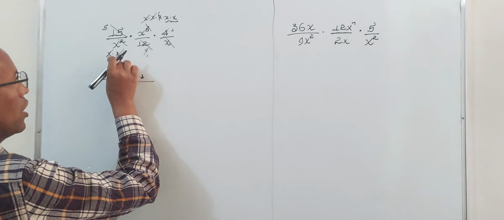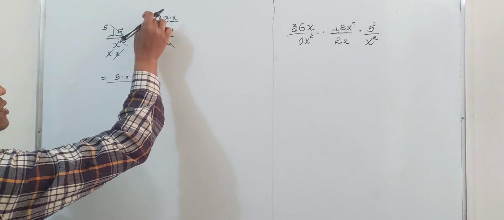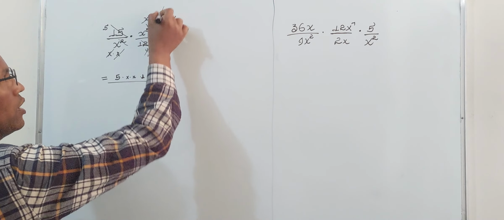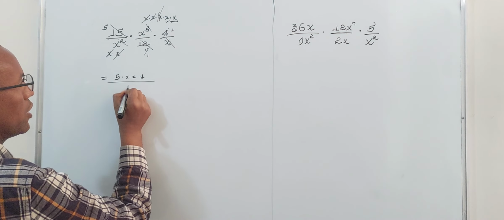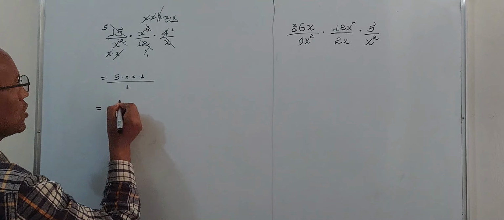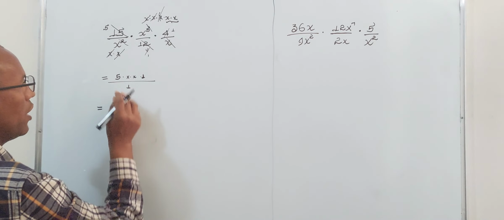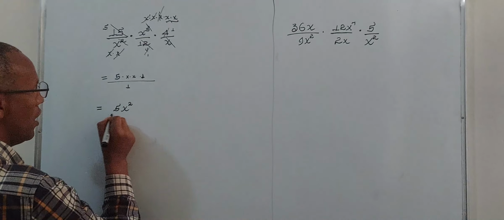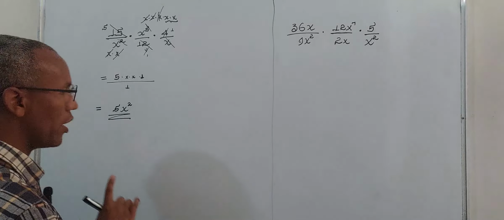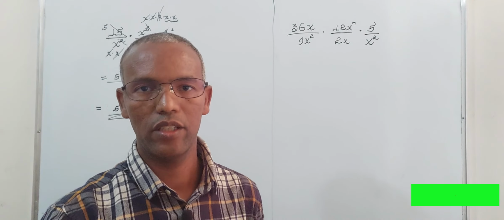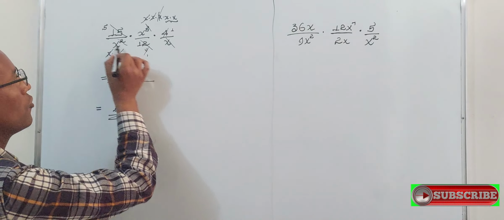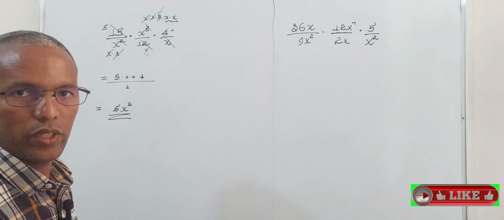Because we did cancel this guy with this 2x as well as 1x with this x, okay? Now we have 1 basically, which is equal to 5x times x, which is x squared, right? So our answer is 5x squared, okay? That's the final simplified form of this question, okay?